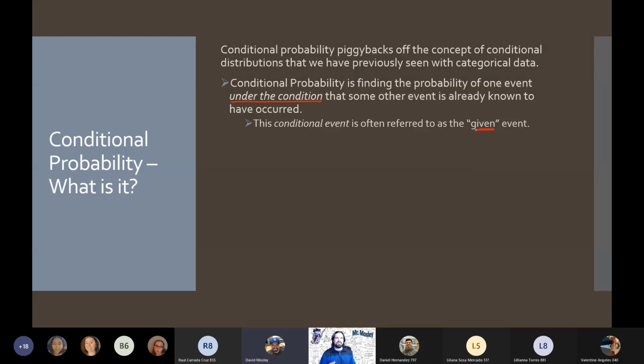We will say, it is given that blah, blah, blah, what is the probability that this other thing happens? Or we could say, it is known that something happens, what's the probability that this other thing happens? So you're given some condition that's already occurred, and based on knowing that, what's the probability that something else also happens? That's what conditional probability is looking at.